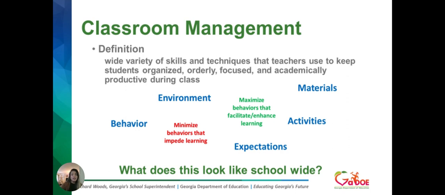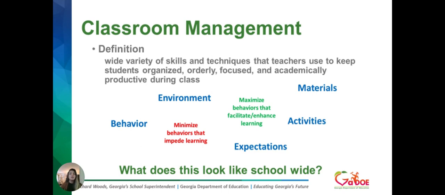Before we go over these other 5 things that I want to talk about in regards to classroom management, I want you to take a look at that question at the bottom here. What does this look like school-wide? When it comes to creating your own classroom management and the expectations in your own classroom, we've got to look at the school as a whole. And wherever you can, I want to challenge you to make connections with school-wide procedures and expectations, so that when students come to your classroom, some things are already familiar, if that makes sense.